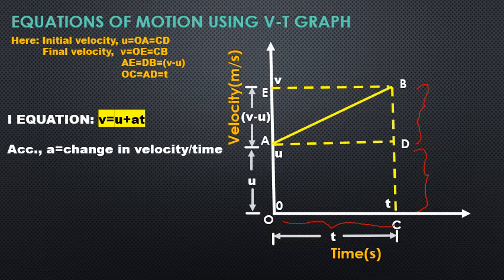Now the slope of this line AB is given by dy by dx. So here dy is equal to BD and dx is equal to AD. So in order to find its slope, that is its acceleration, it will be dy by dx, that is BD upon AD.